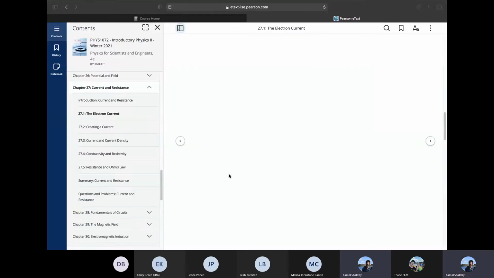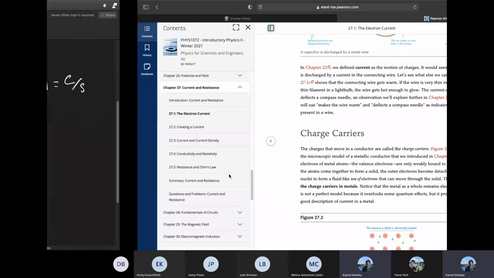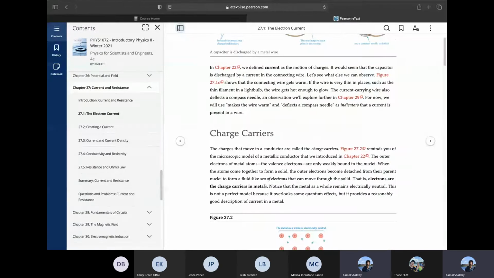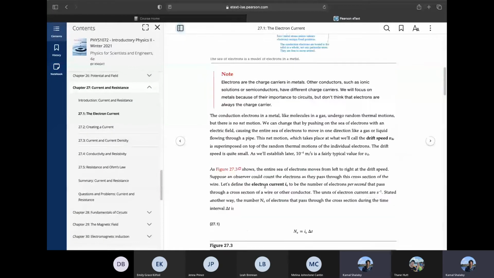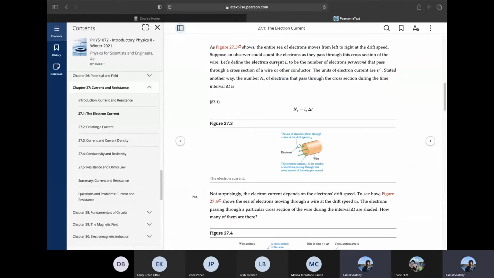You just need to check that the electron current is the number of electrons, not the charge, because there's a difference between the electron current and just current in general. Current in general is based on the charge passing, but I do believe that electron current is the number of electrons passing. I need to check for that first. Yeah, electron current is the number of electrons per second.